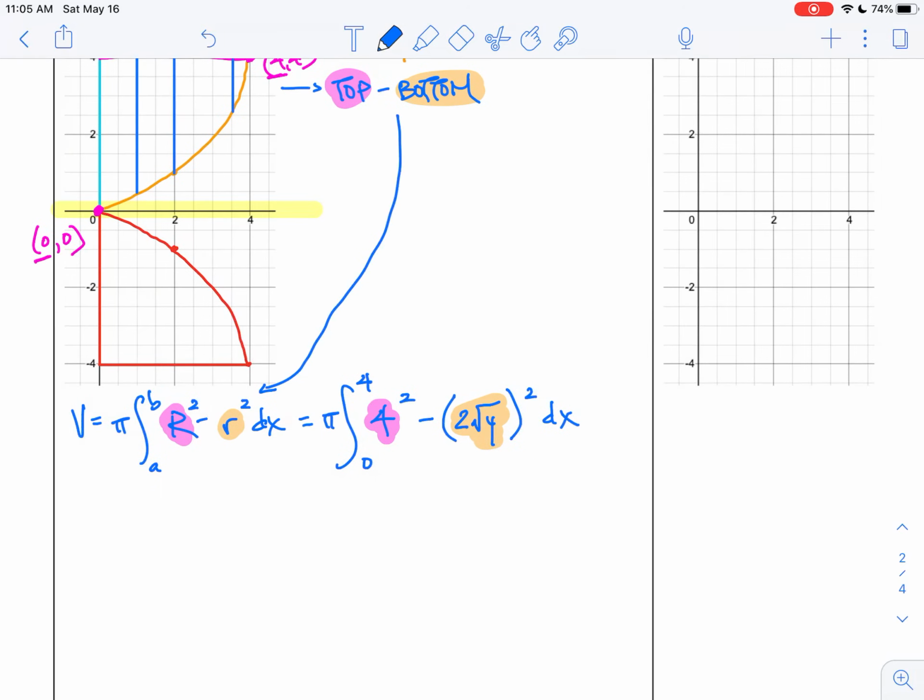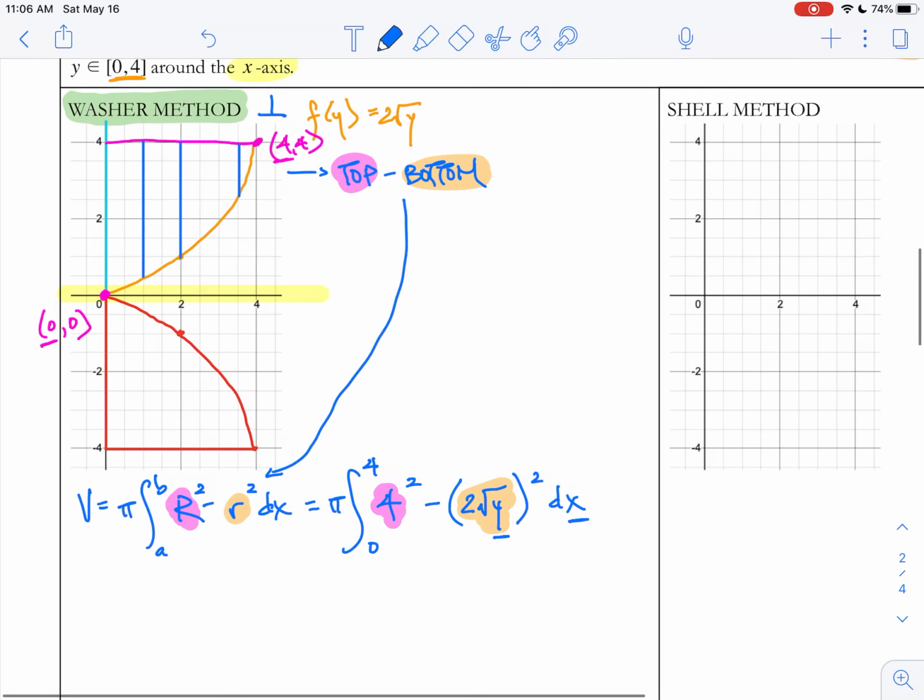Now, when I look at this, I'm already seeing some issues because I have an x and a y. So I'm going to need to rename that curve in order to make it suitable for the equation. So let's take this. I really have x equals 2 square root of y. So I'm going to divide both sides by 2.